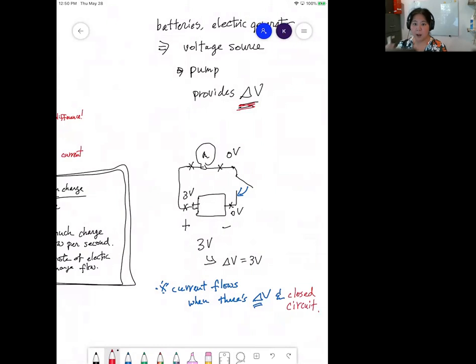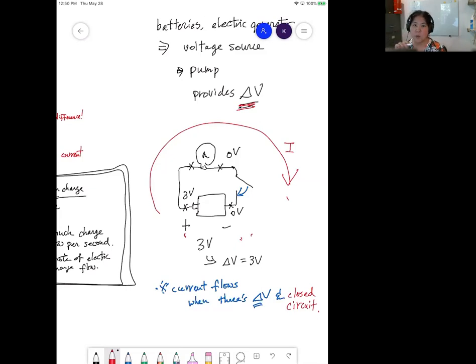If you have a circuit, this is called a circuit, okay? And then current flows from high voltage to low voltage. But if you have an open circuit, then no current flows. Current only flows when you have a closed circuit.